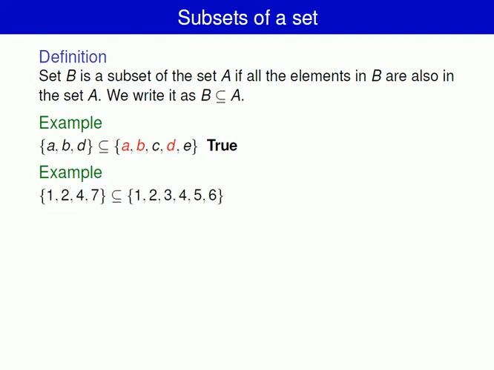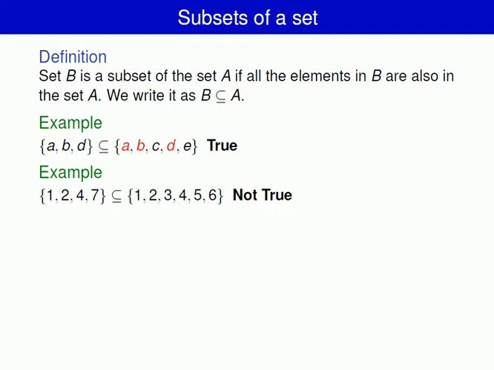Here's another example. {1, 2, 4, 7}. The claim is it's a subset of {1, 2, 3, 4, 5, 6}. 1 is in the second set, so that's fine. So is 2, so is 4. But the problem is 7 is not in the second set. So the claim that {1, 2, 4, 7} is a subset of {1 through 6} is false.